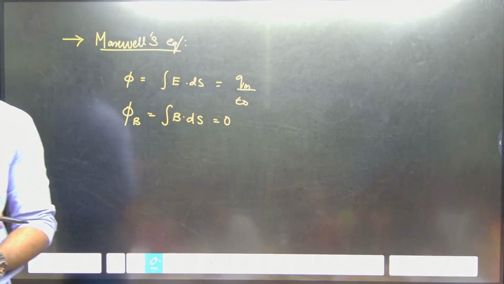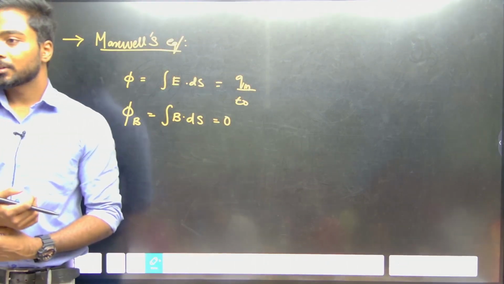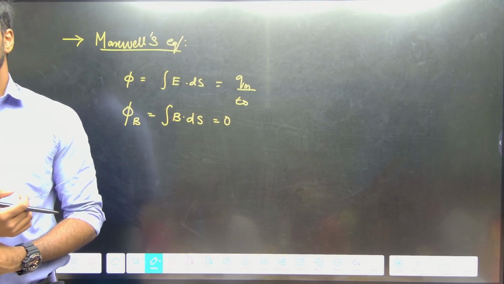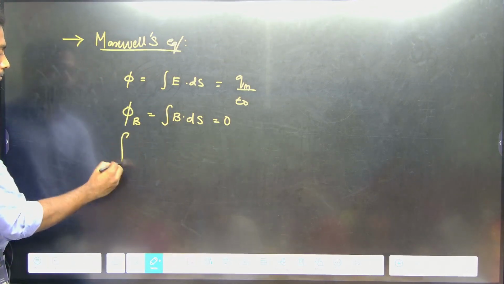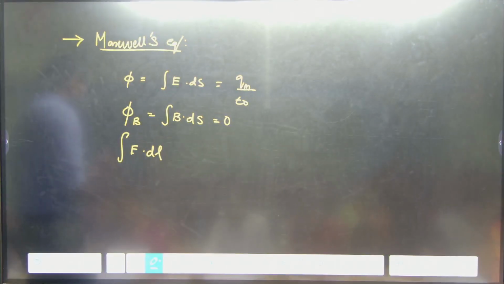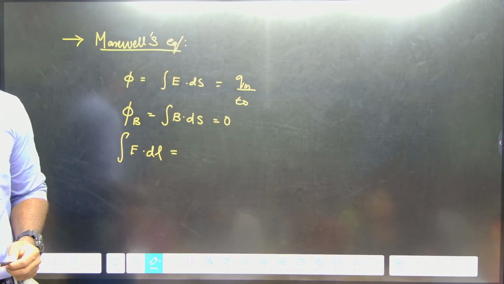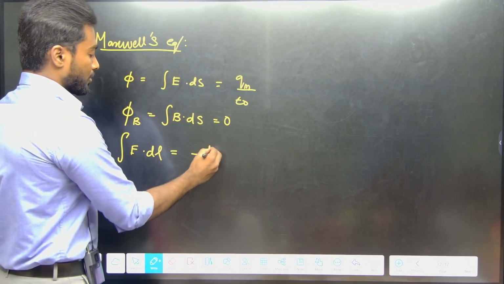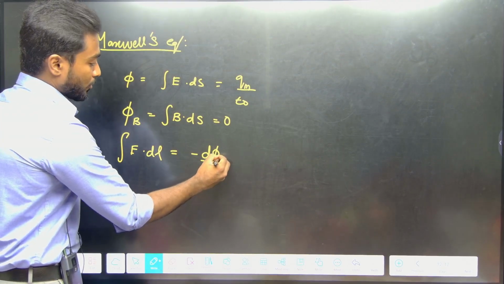The next one is Faraday's law. Third one is Faraday's law. Integral E dot dl will be equal to minus d phi by dt. This is due to magnetic flux.